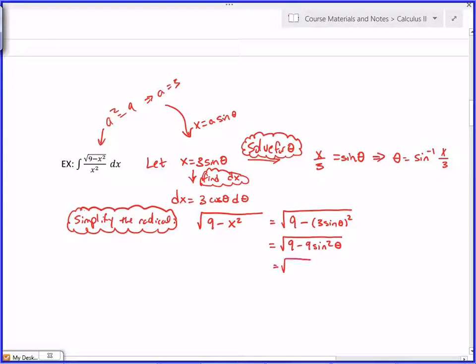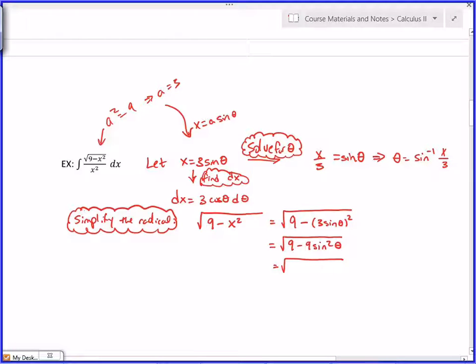Now what can I do? Well, I gotta factor it before I can just square root each part, right? Because you can't take a square root of different pieces of a subtraction. You can only do it if they're multiplied together.